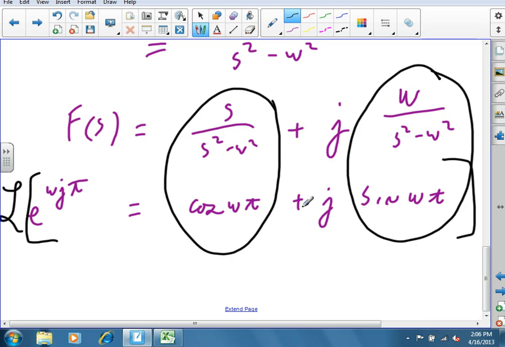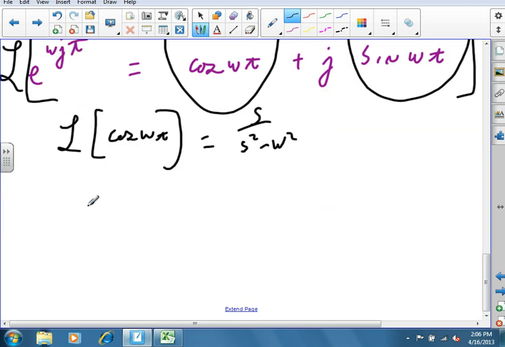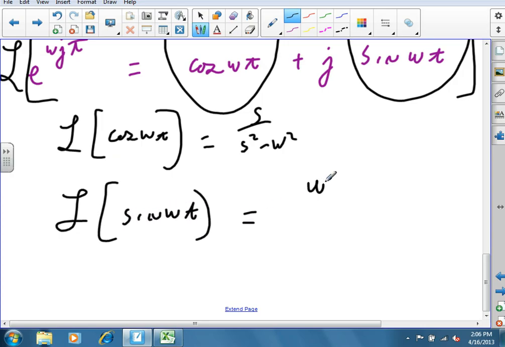Are they linearly independent of each other? Yes, they most certainly are. So the Laplace transform of cosine omega t is s over s squared minus omega squared, and the Laplace transform of the sine of omega t is omega over s squared minus omega squared.